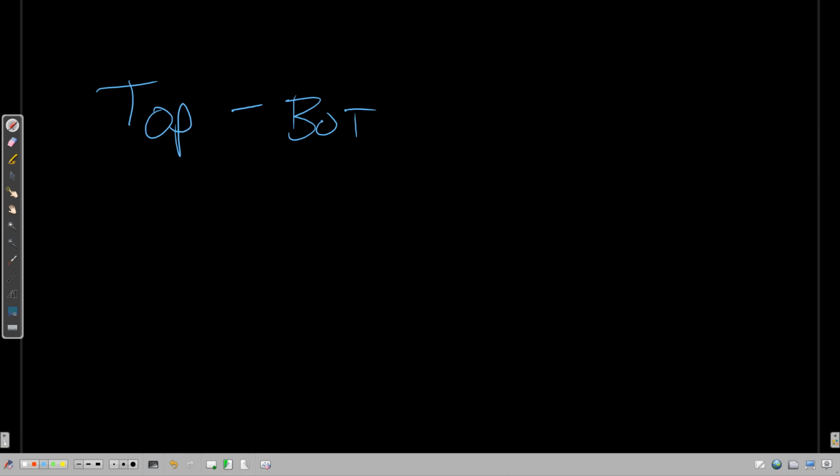Sorry, my phone was ringing. All right, so area between curves, you integrate the top curve minus the bottom curve. Easy enough. And I guess we are almost finished here.